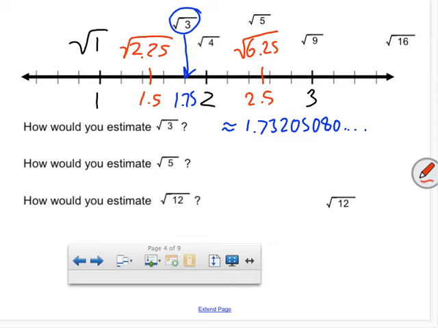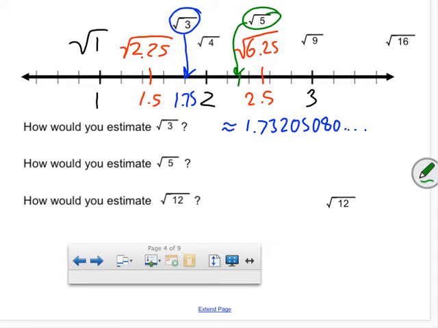So which side of that interval from 2 to 3 does the square root of 5 sit? The left interval. So from what two numbers? 2 to 2.5. So it's going to be here.